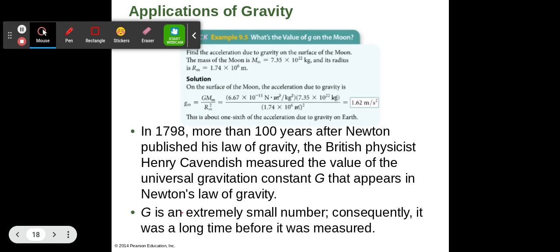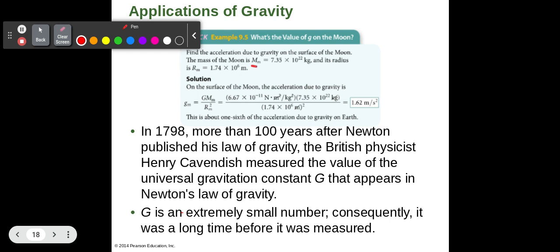So a man named Henry Cavendish applied this information that Newton found, and he used it to find the actual value of G that we now use, and also to help us find the mass of the Earth. Here's an example of finding g on the moon.